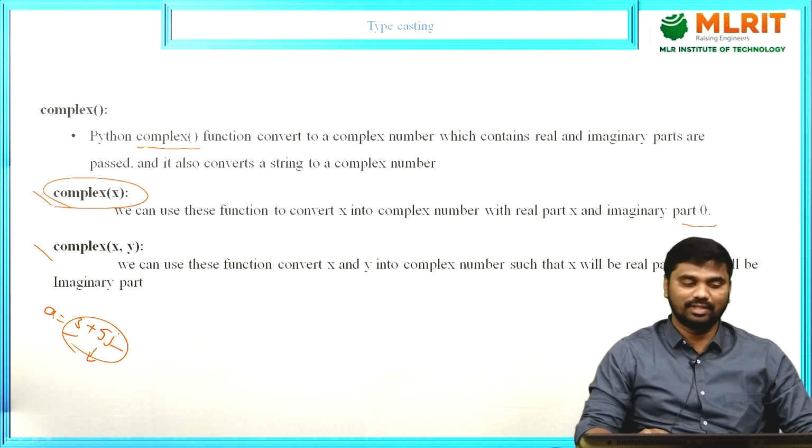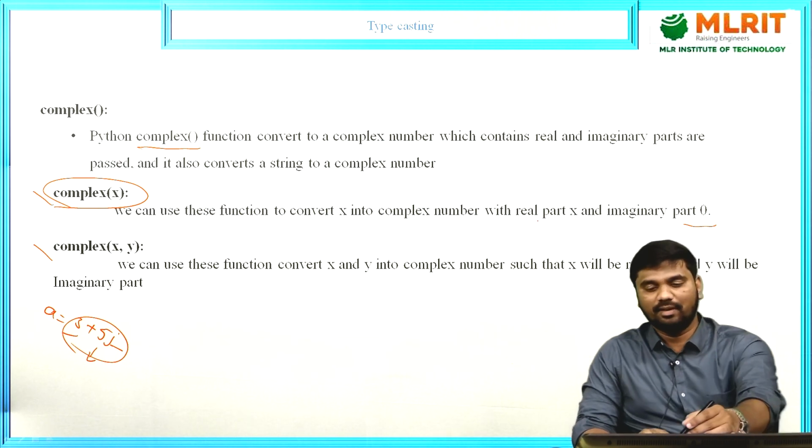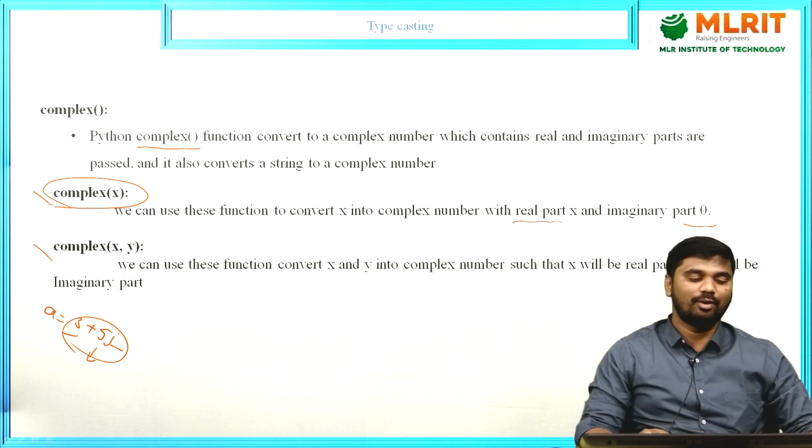Once again, whenever we pass only one parameter to the complex function, for example x, that x is considered the real part of the number. Then what about the imaginary part of the complex number?